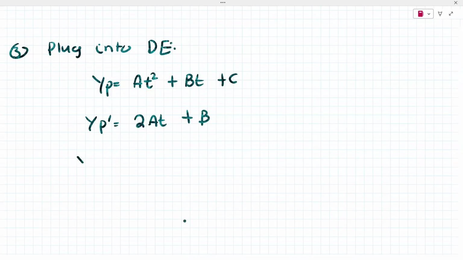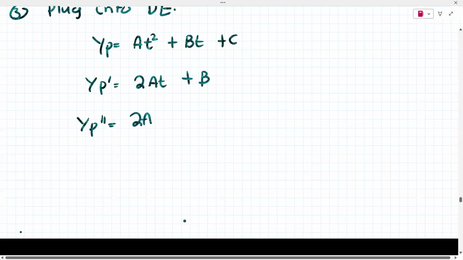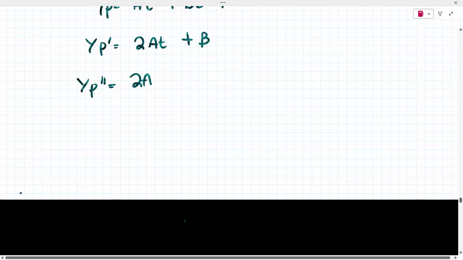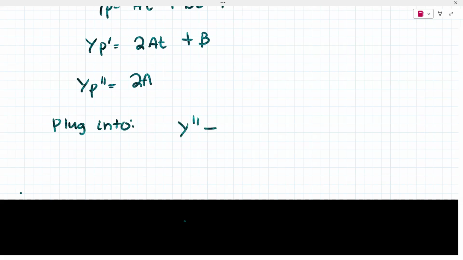And then we need to find our yp double prime, which is 2a. Then you plug it back into your differential equation, y double prime minus 3y prime plus 2y equals 4t squared.